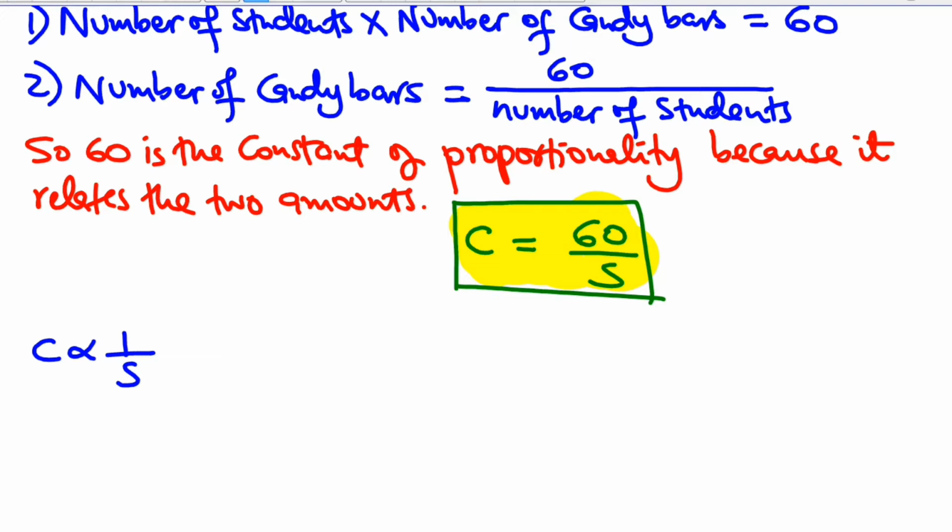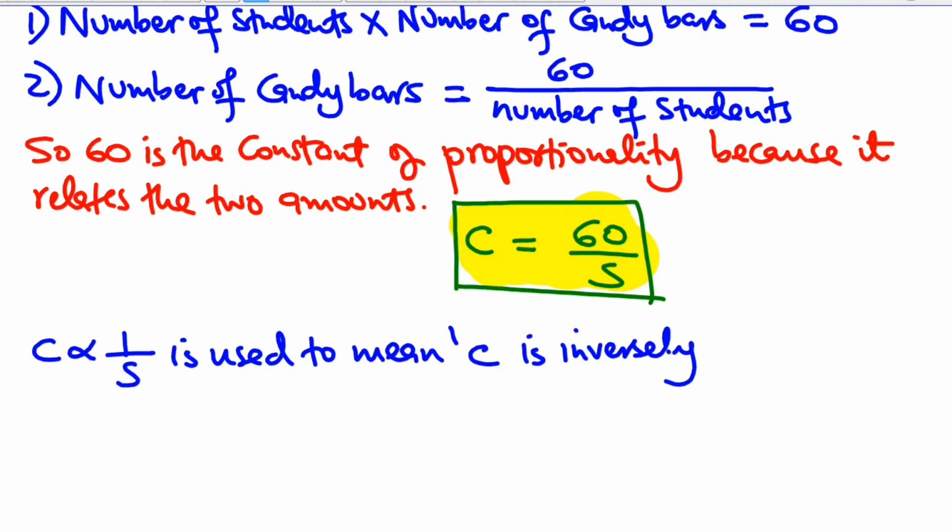This is used to mean that C, which is the number of candy bars, is inversely proportional to S, which means as the number of students increases, the number of candy bars reduces.